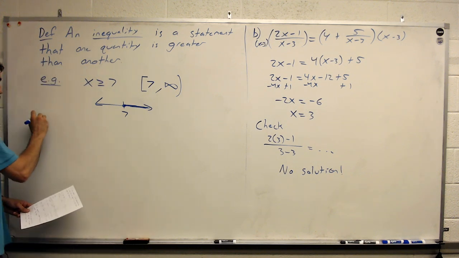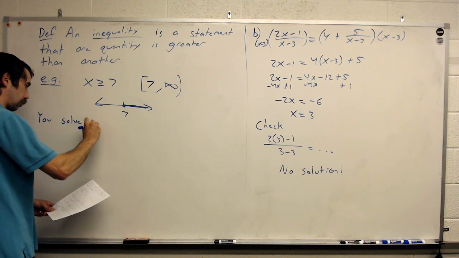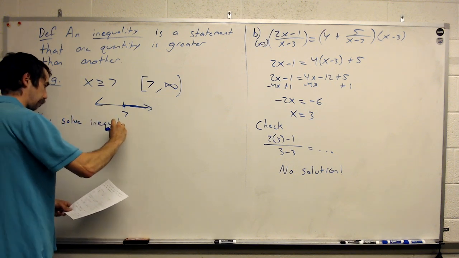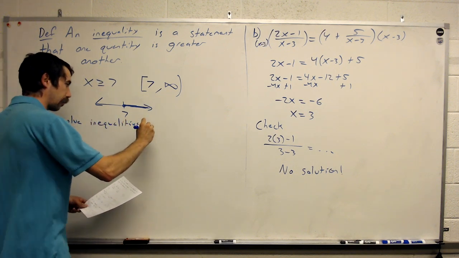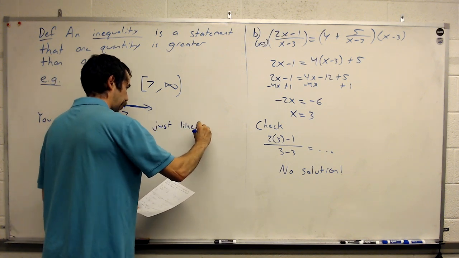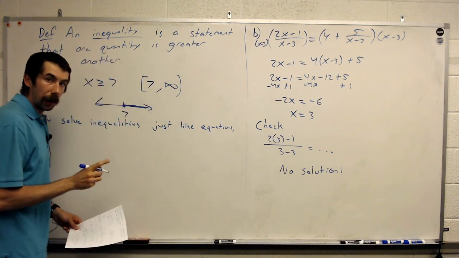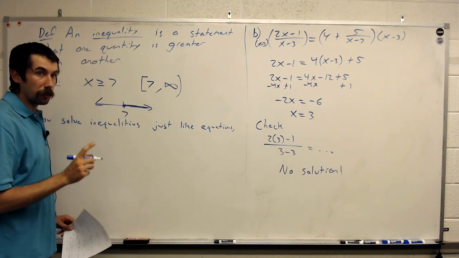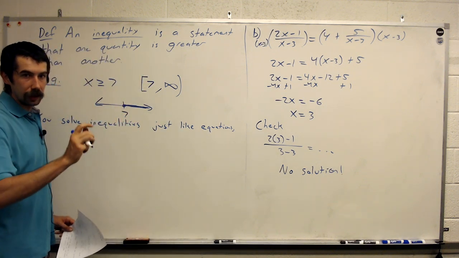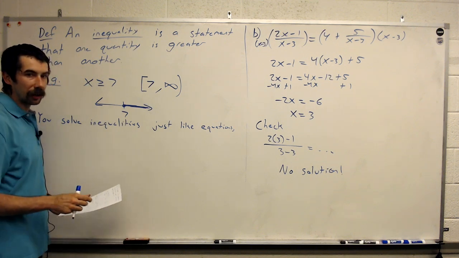And so you solve inequalities just like equations, but if you multiply or divide by a negative, you have to flip the direction of the inequality symbol.